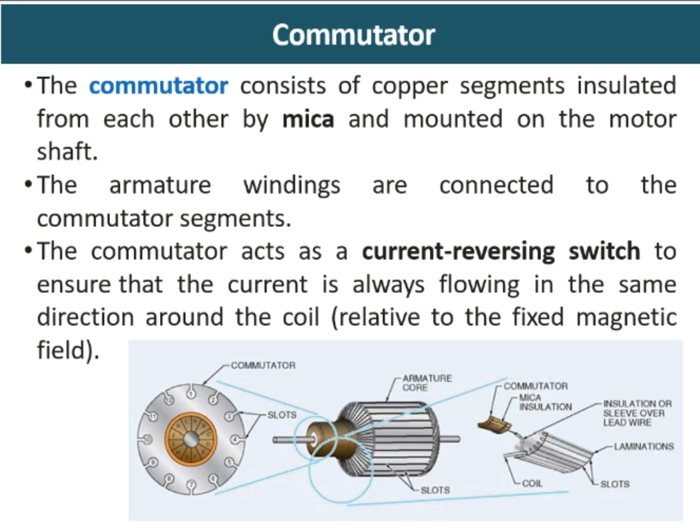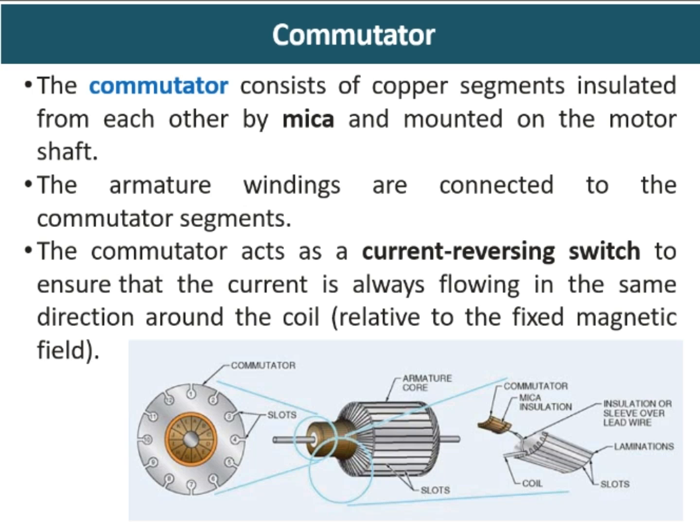The commutator acts as a current reversing switch. It automatically can reverse the current or change the direction of the current when the rotor is rotating. So it will make sure that the current is always flowing in the same direction around the coil relative to the fixed magnetic field.